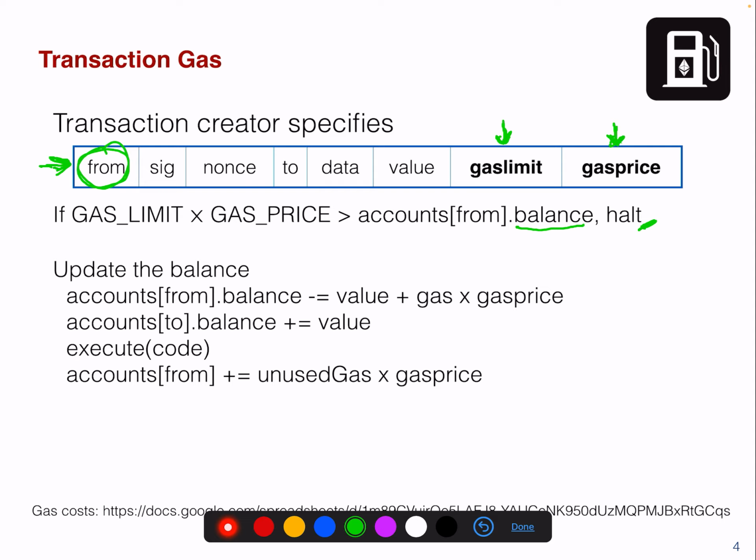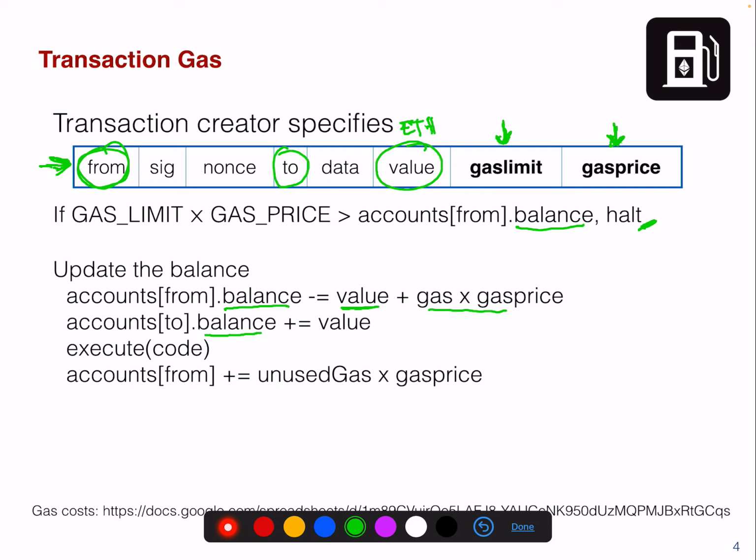You have the initial balance, and you subtract from it the value of a particular opcode based on the gas and the gas price. Then we can update the balance of the account that we sent some coins to. The to address receives the value, so this is ether that is sent from the from address to the to address.